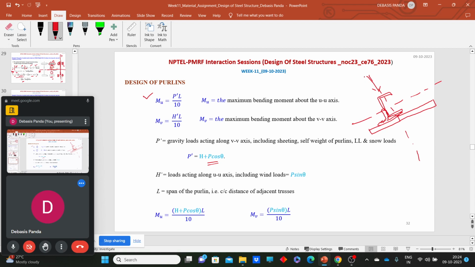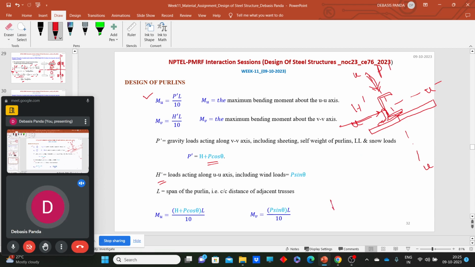So what is that P dash? That P dash is nothing but the load coming with respect to that UU axis, sorry, VV axis, and if we consider this is the UU axis, correspondingly the load will come with respect to this axis. So the total H dash is nothing but the horizontal load, so this is your H dash, and this is P dash.